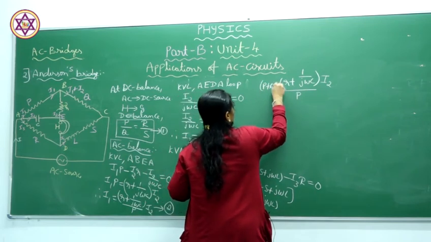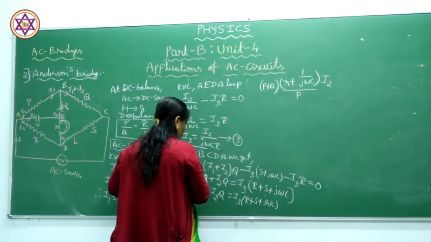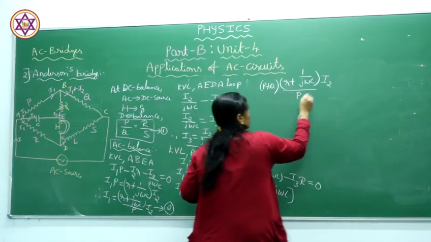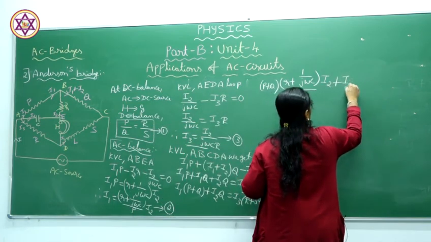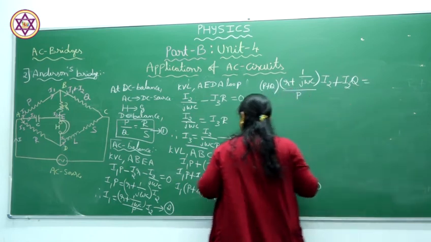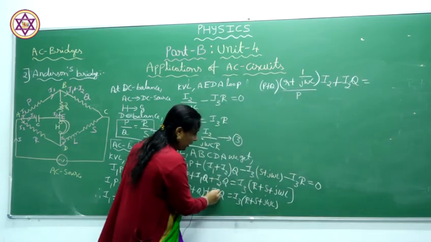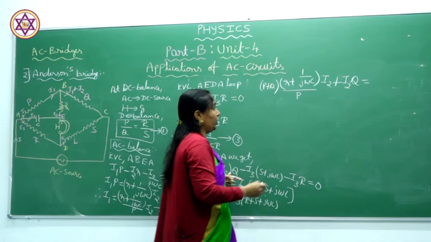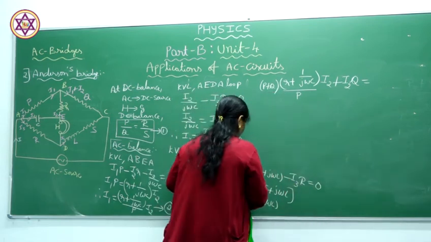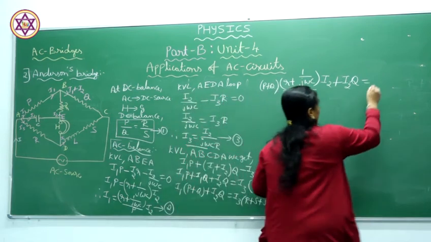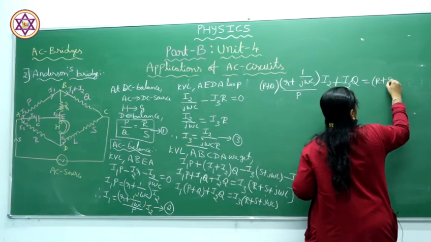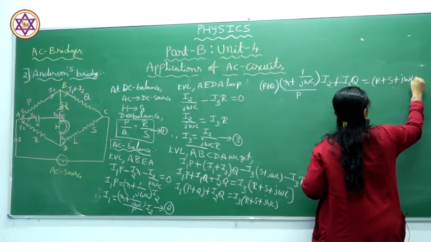P plus Q into I1 plus I2 into Q, which is equal to R plus S plus j omega L into I3.